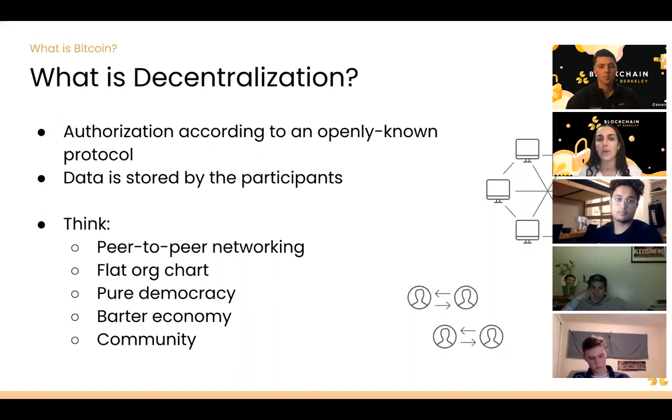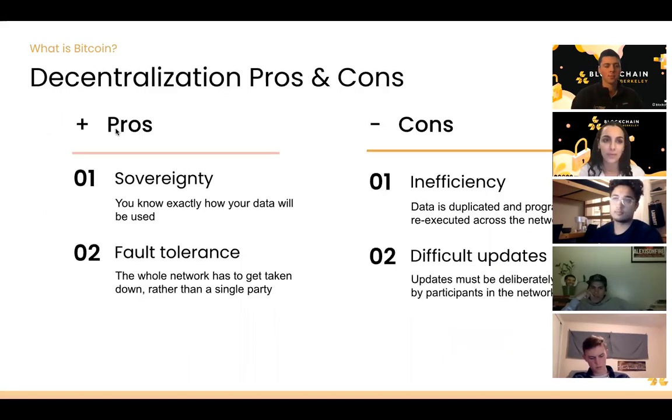Yeah, and we can go to the pros and cons. Awesome. So the pros, it's exactly flipped, right? The pros are this increased sovereignty. You know exactly how your data is being used. You know exactly where your data is. You get to choose what data you want to put onto the blockchain, and you know that it's being secured. And it's fault tolerant.